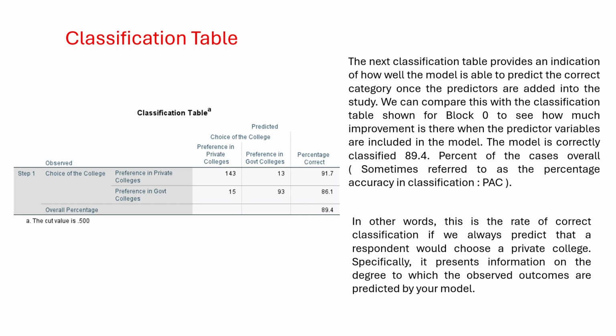The model correctly classified 89.4% of the cases overall, sometimes referred to as the percentage accuracy in classification, PAC. In other words, this is the rate of correct classification if we always predict that a respondent would choose a private college. Specifically, it presents information on the degree to which the observed outcomes are predicted by your model. So this is a very important thing.